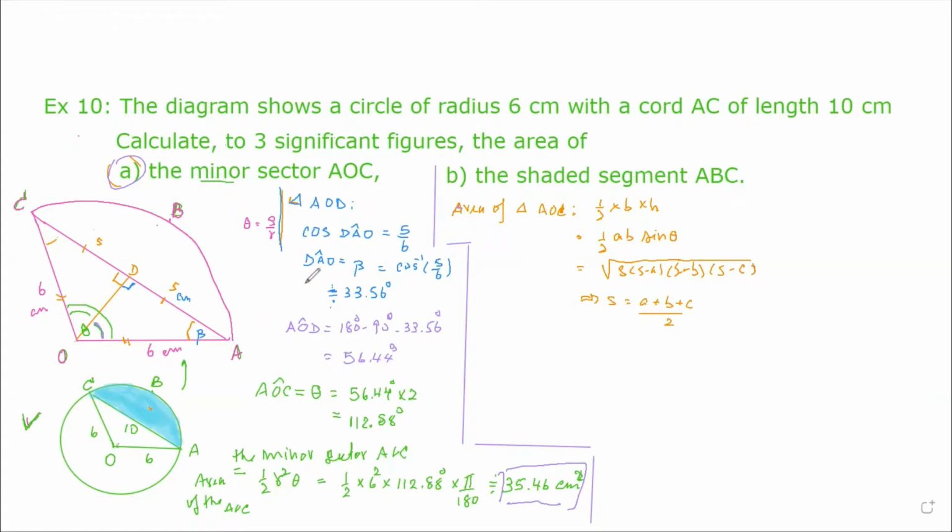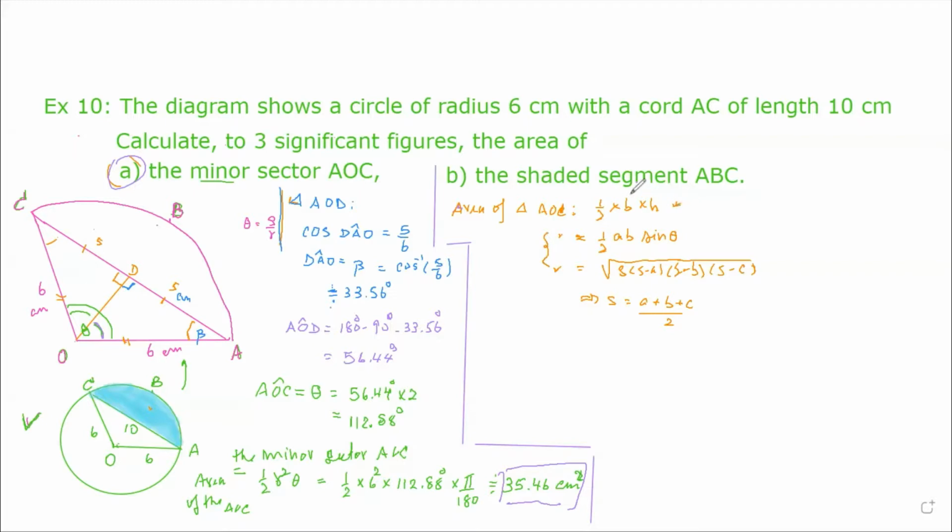In this case, for the first one, base I know, height I don't know. I can get it, but I don't want to use this one. Why? Because for the second one, we know theta, and we know AB, meaning OA and OC, so we can use this formula. Or the third one, because we know 3 sides: AC equals 10, OA equals 6, and OC equals 6.